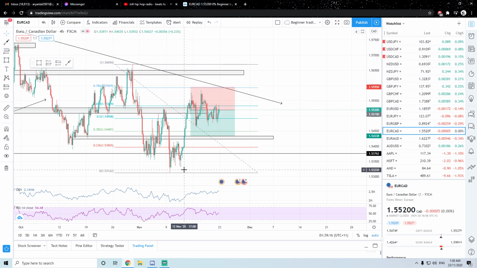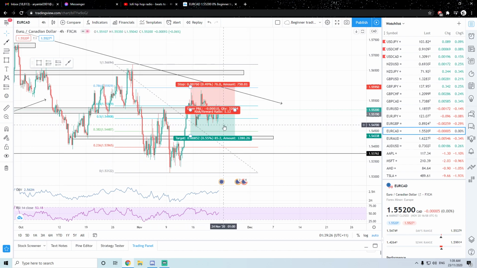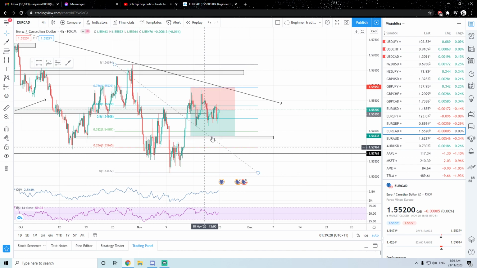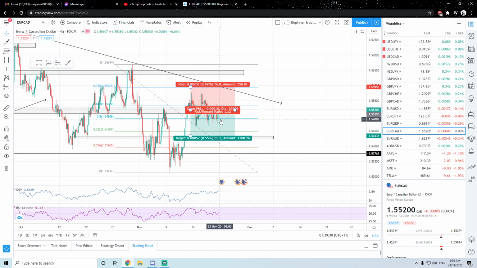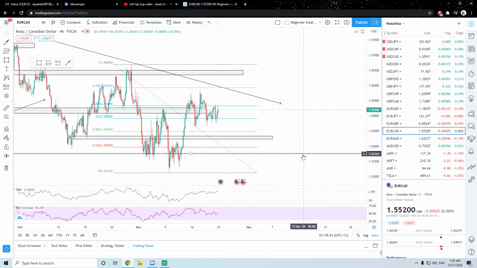So probably for me, after seeing that this pair is being extremely choppy, I would just start looking to close this position, as I'm not really trusting the analysis anymore. But we can see that it would be only 1 pip negative, and it does have the potential to start heading down. But you don't really want to force trades at the end of the day.